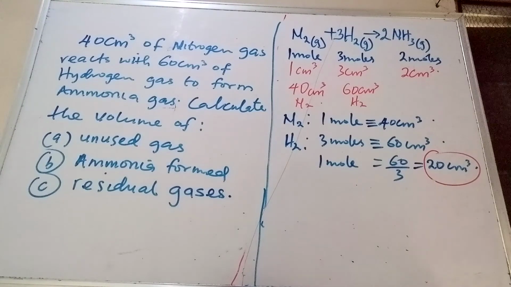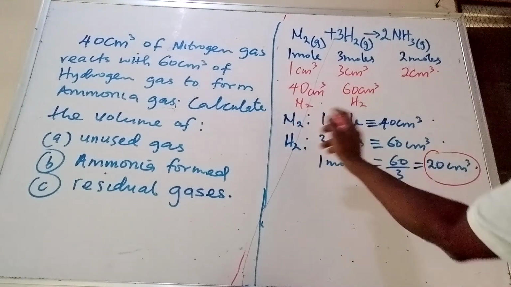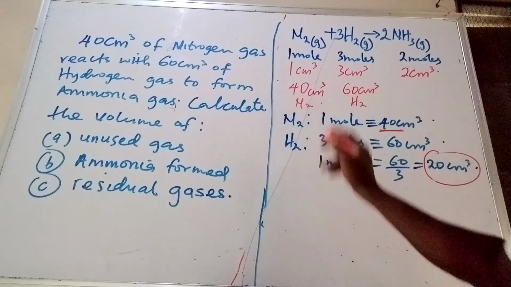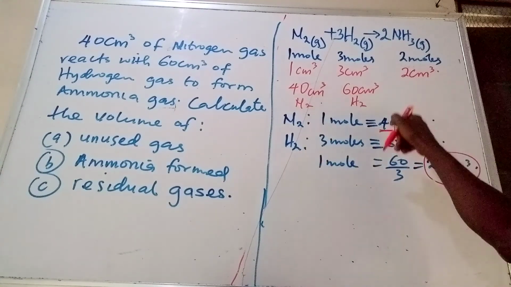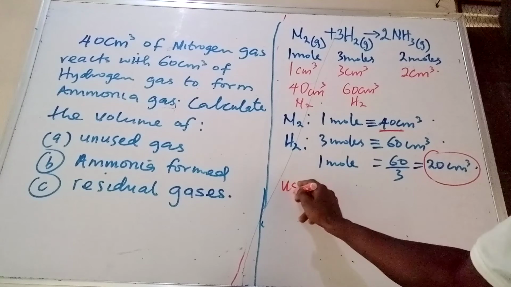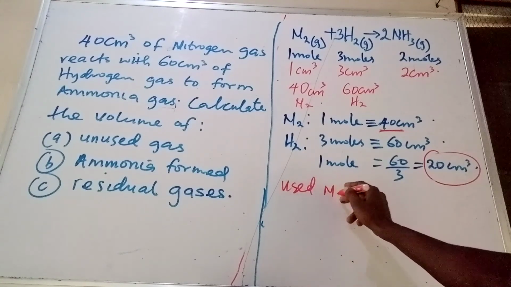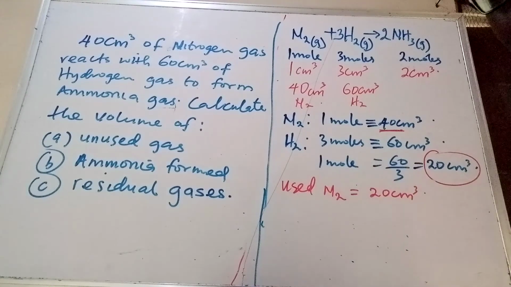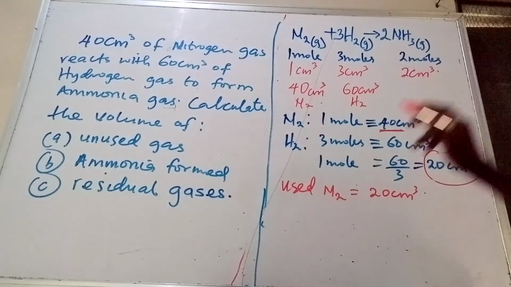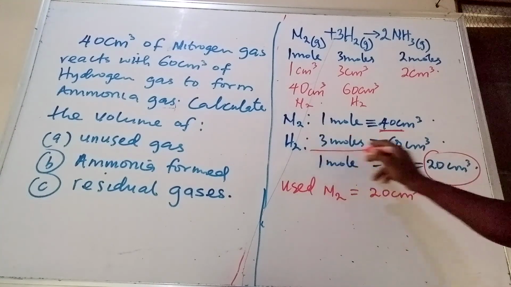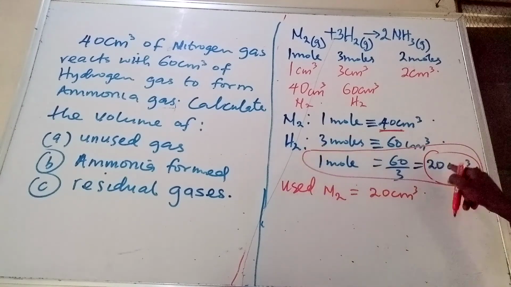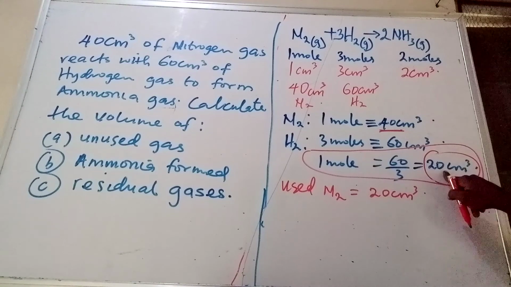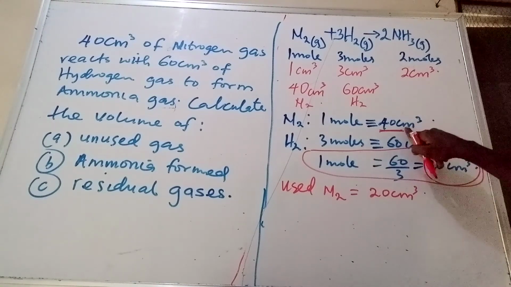So what will now happen? According to this, it means that out of nitrogen, which has 40, only 20 cm cube will be used. So used nitrogen is equal to 20 cm cube. Why is it 20? Because we have agreed that this is our standard. 1 mole of any gas now will have to be equivalent to 20 cm cube. We can't take 40.